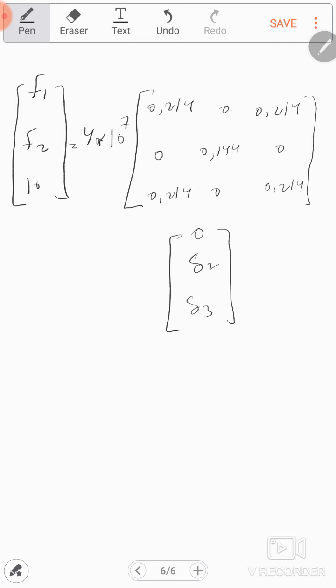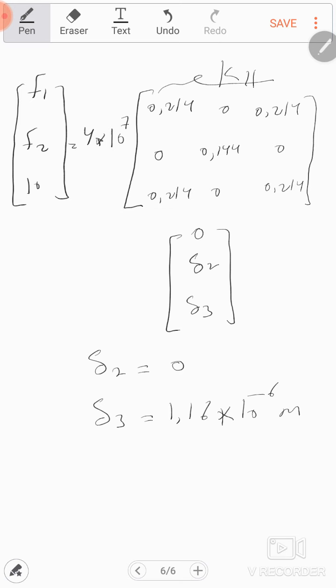Only this K is K11 only, I take it. So the final result is displacement at node 2 equals 0, and displacement at node 3 equals 1.16 times 10 to the power minus 6 meter.